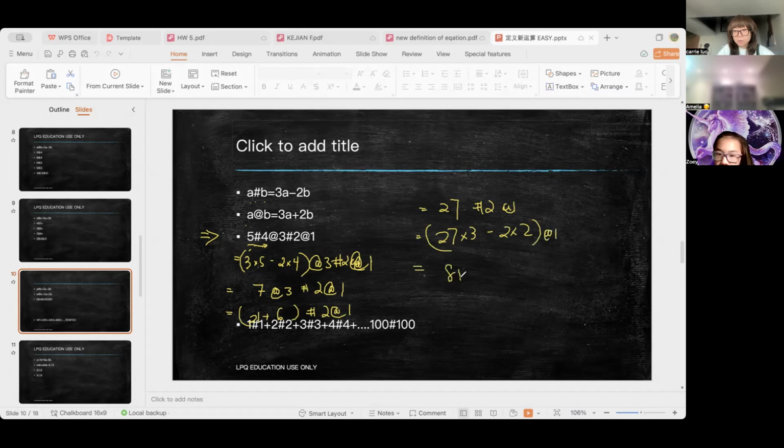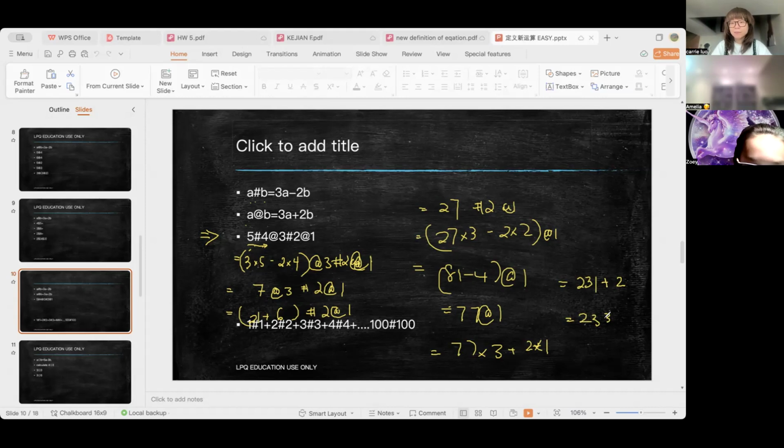So equals 81 minus 4 at 1 equals 77 at 1 equals 77 times 3 plus 2 times 1. So the answer is 231 plus 2 equals 233.